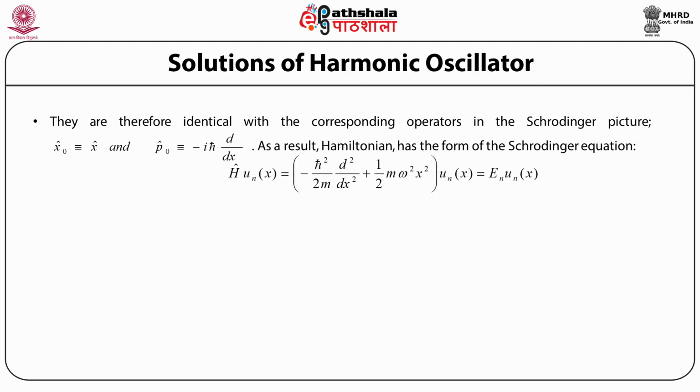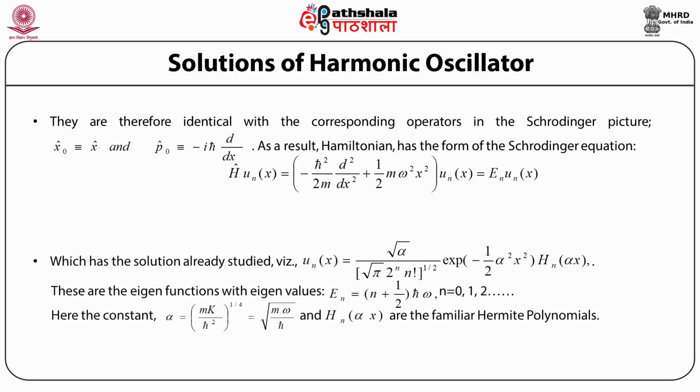Here in this equation, in the term within the brackets, we see that the first term defines the kinetic energy term, while the second term defines the potential energy term, or in other words, the first term defines the term due to the momentum operator, and the second term defines the term due to the position operator, which has the solution that is well known, with the function u_n(x) equal to square root alpha upon under root within brackets under root pi 2 to the power n factorial, this whole times exponential within brackets minus half alpha square x square, times H_n within brackets alpha x.